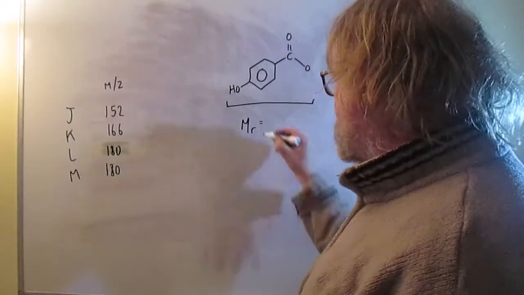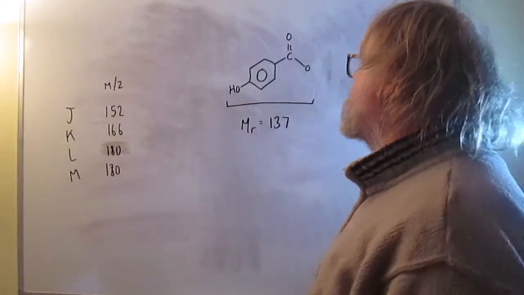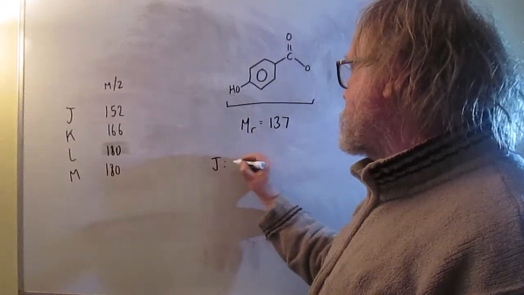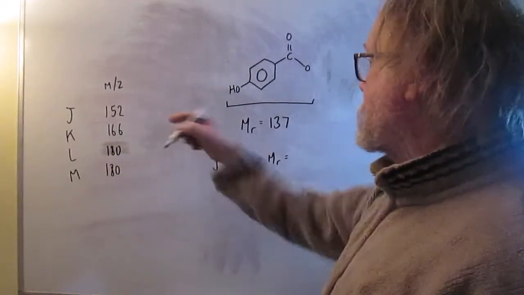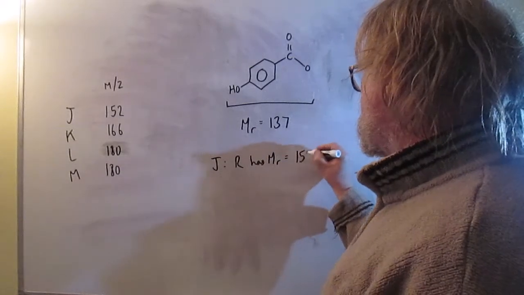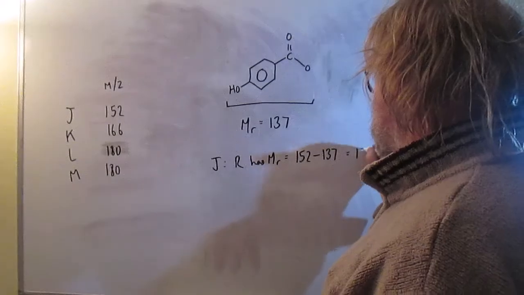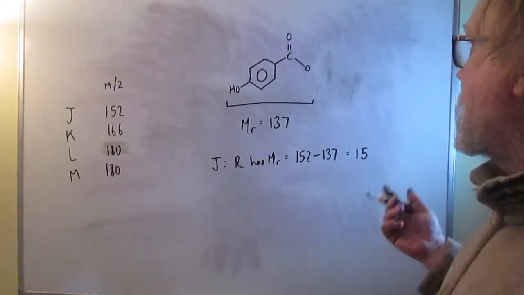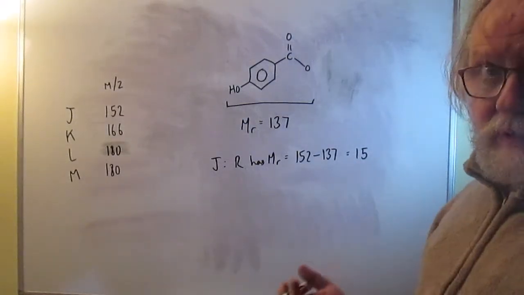So you get the MR for that adds up to 137 if you add that up correctly. And that means for J that the R group has an MR equal to the total MR, 152, minus 137, which is 15. So that means that R has an MR of 15, and of course that equates to a methyl group.